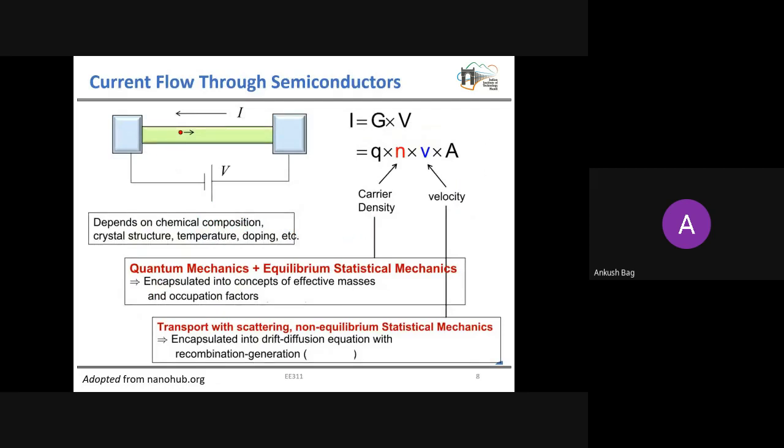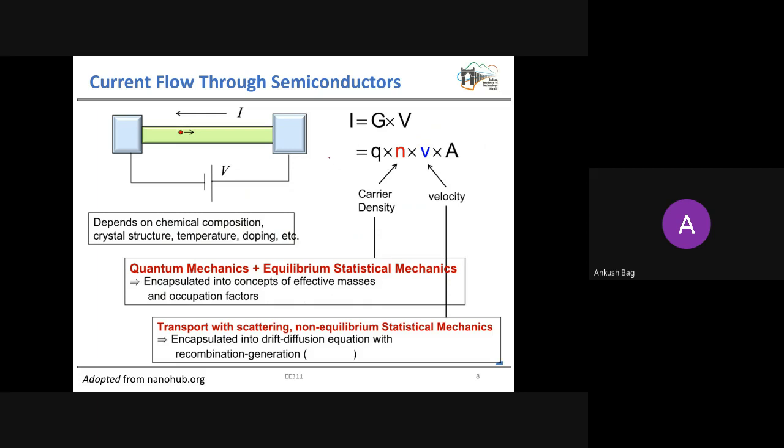Overall, as we have just seen, we are interested in current through our semiconductor. Now current, typically, let's say we consider the drift current. Drift and diffusion, I think you know this. Obviously we'll discuss these two things in detail.